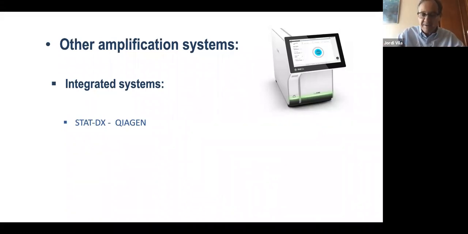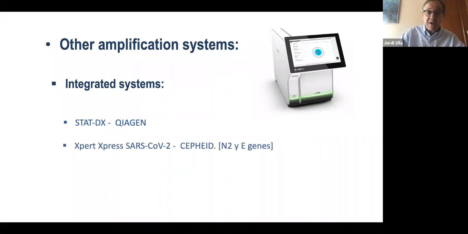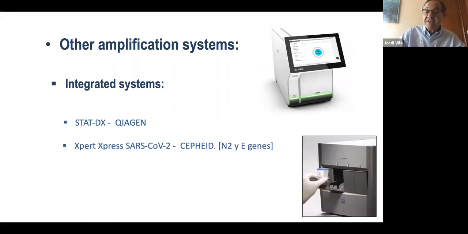This is also the main drawback of the Xpert Xpress SARS-CoV-2, which detects 2 genes, the N2 and the E gene. This is the apparatus. It's also an integrated apparatus. That means that in both apparatus, you put the sample in a cartridge, and you put the cartridge in the apparatus, and in the same apparatus the lysis of the virus, the extraction of the RNA, the amplification, and the detection are made in the same system.